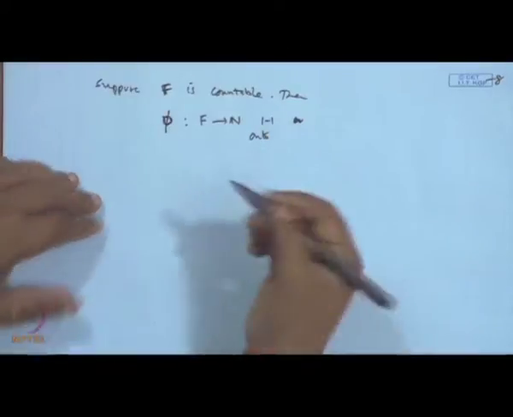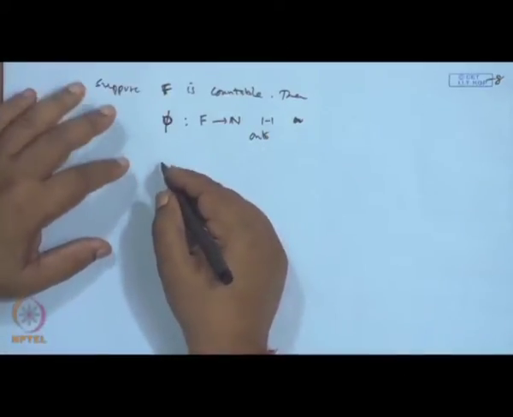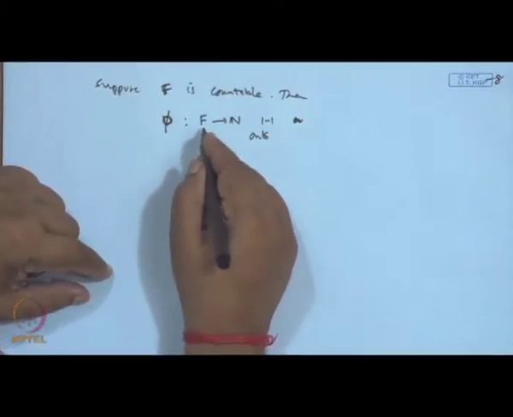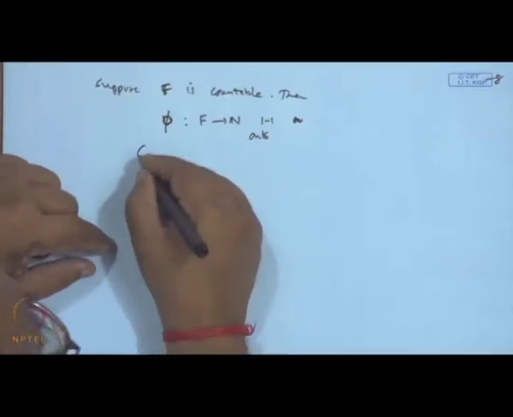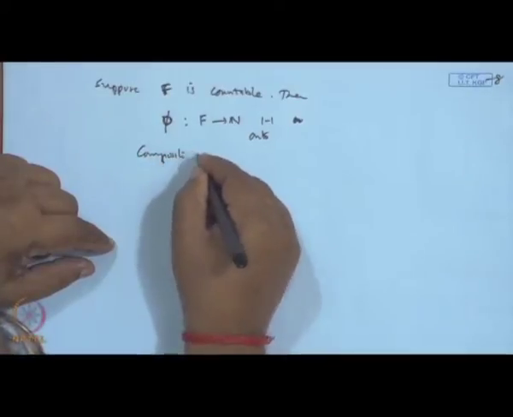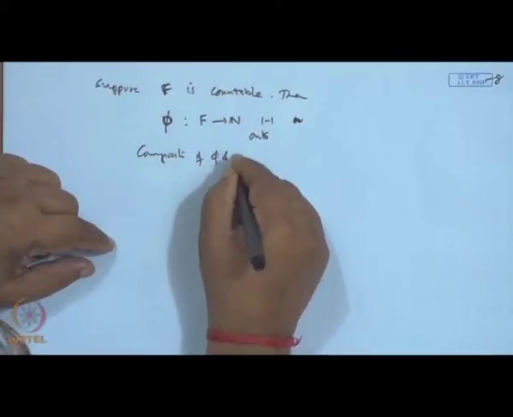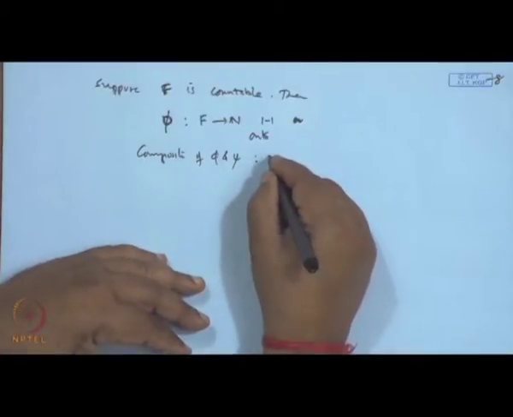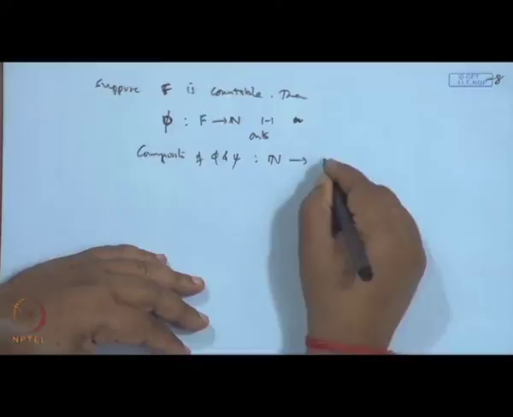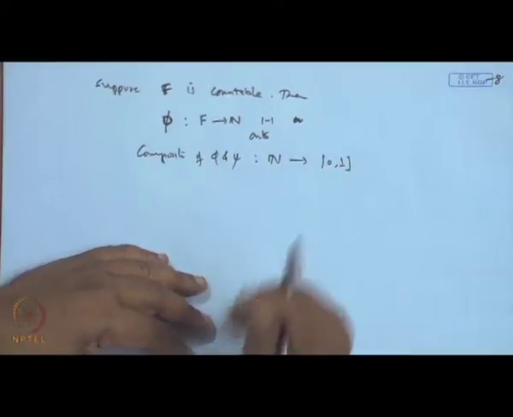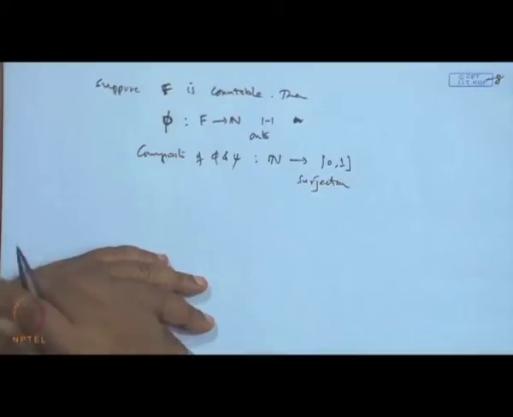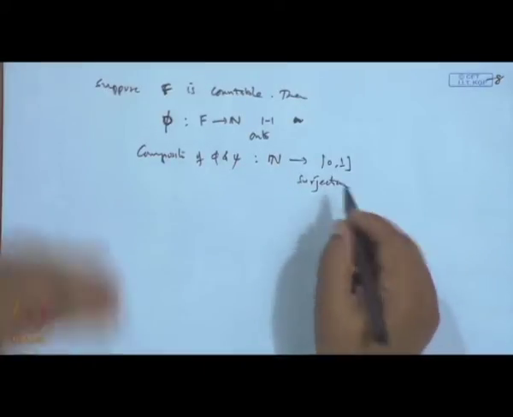If we combine this, then what we are getting is that the composition of phi and psi will be a mapping which brings N to [0,1] as a surjection, an onto mapping.